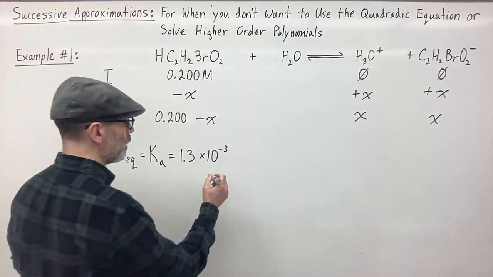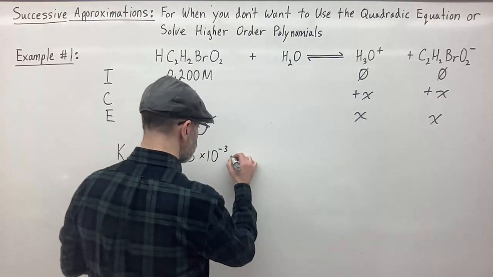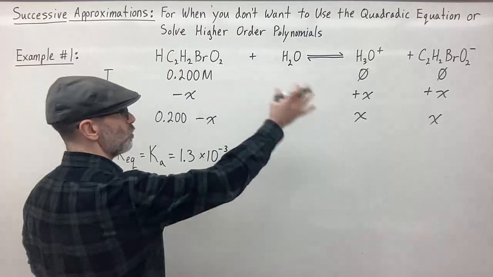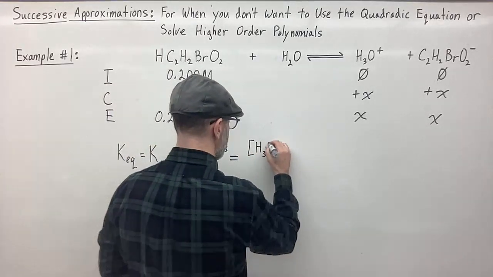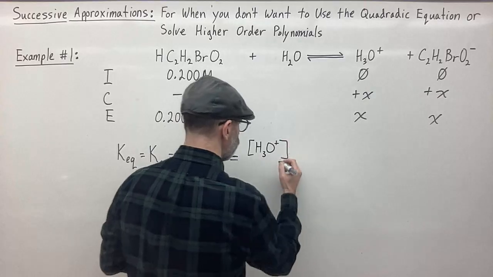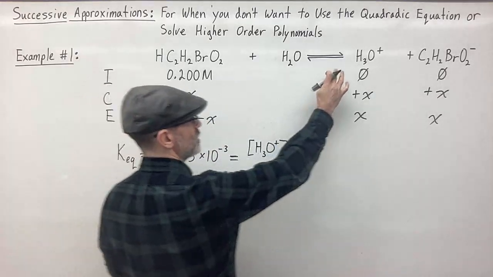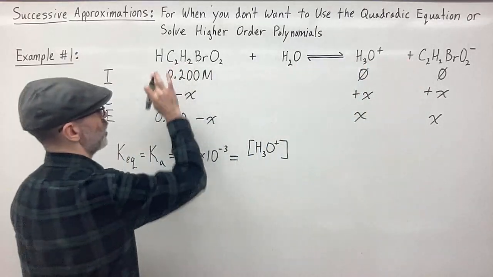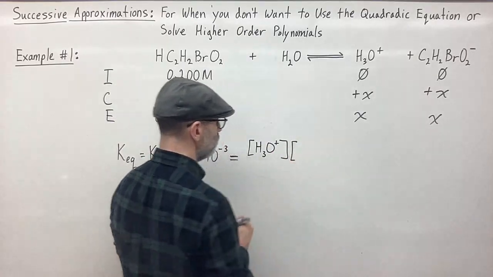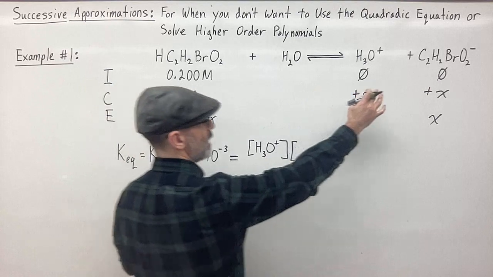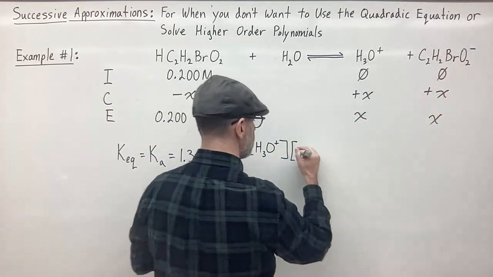So we'll set up our expression. So it's going to be the concentration of the hydronium ion raised to the 1 power, since all of our coefficients are 1. So that's going to be multiplied by the concentration of this here.